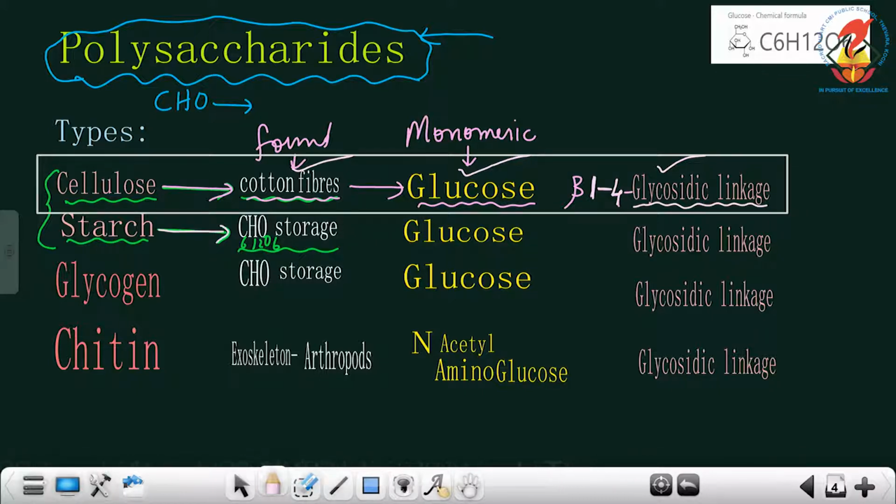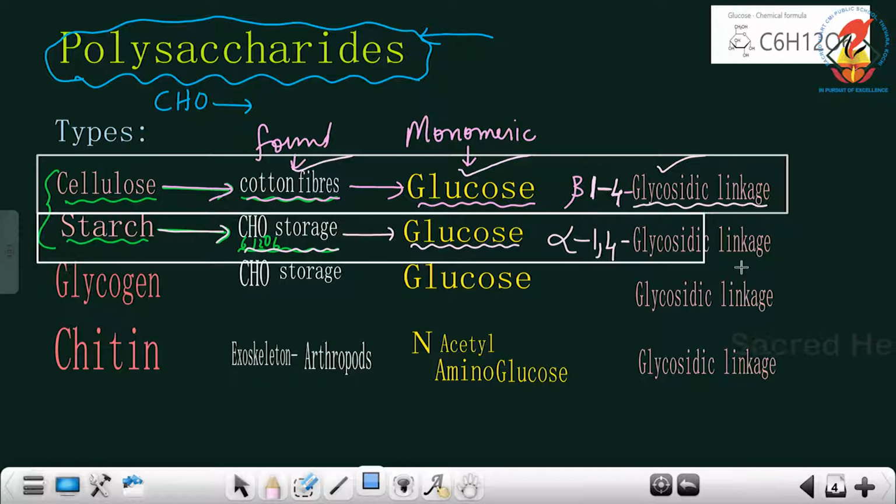In plants, the glucose is stored in the form of starch, and here also the monomeric units are glucose, and the glucose repeated units are connected by alpha-1,4 glycosidic linkage. So once again, talking about starch, taking into account all the parameters, starch is found in plants, that is, the glucose is stored in the form of starch.